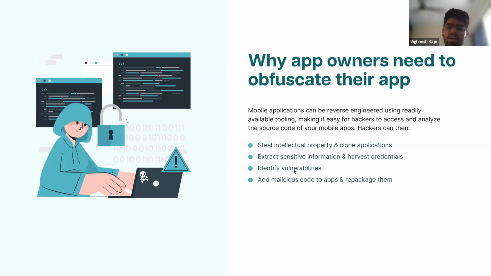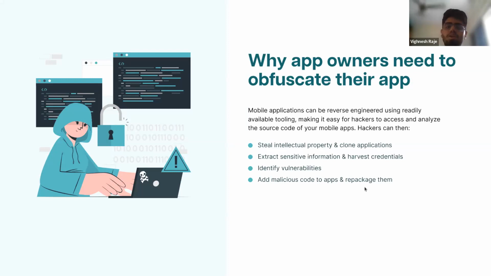It becomes again very easy to identify vulnerabilities. It becomes easy to go through the code manually or through a source code analysis tool, and it will just list out all the vulnerabilities the application has. Once the application logic is understood, it becomes very easy to tamper with the application and inject malicious code.